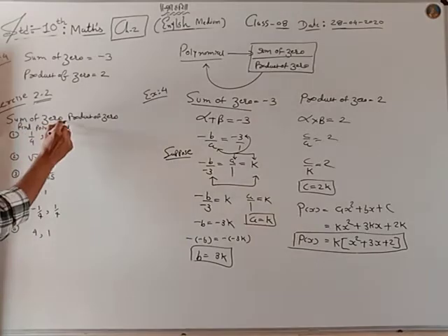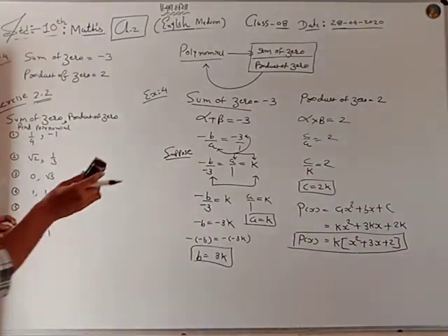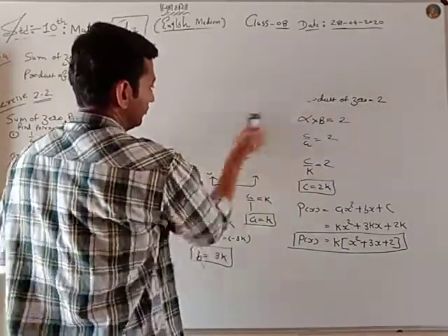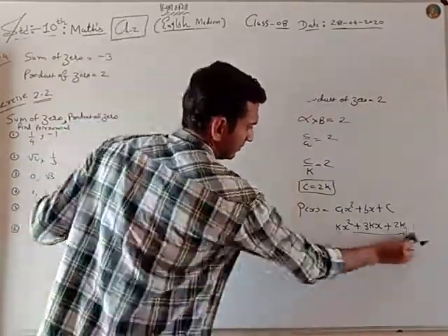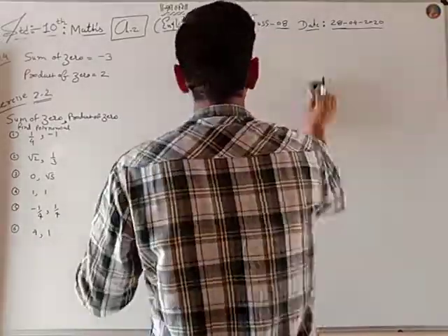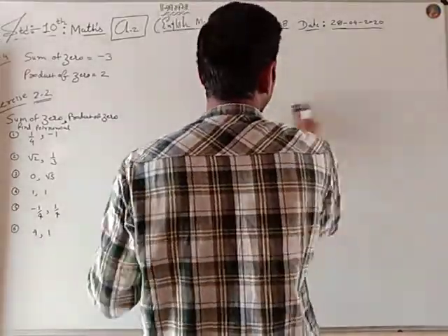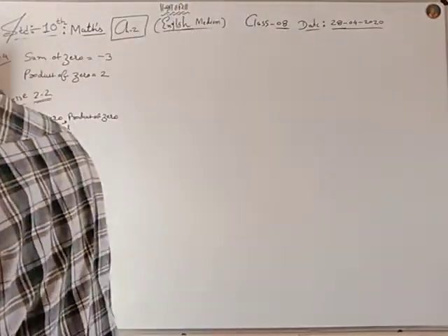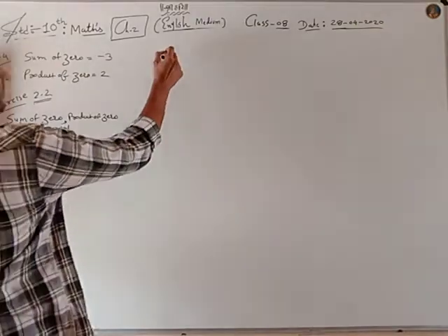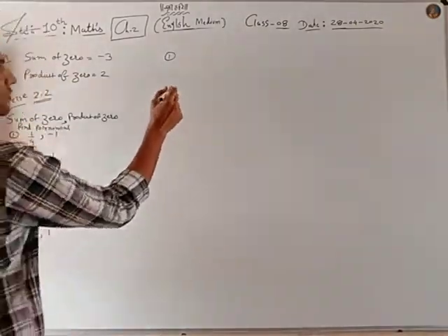Find the polynomial. See, first the sum of zeros.